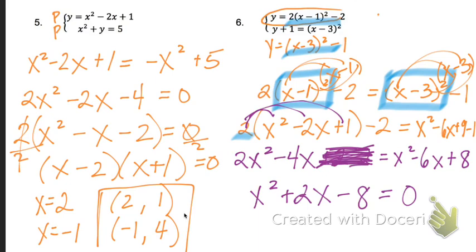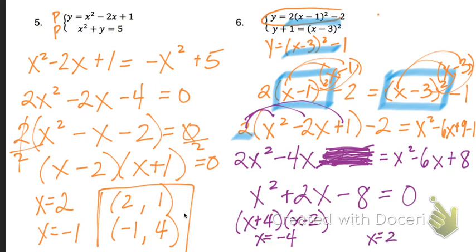Okay, take a second to digest it all. How do I factor this? Oh, I see what I did wrong. I got it. x plus 4, x minus 2. So x equals negative 4, and x equals 2.